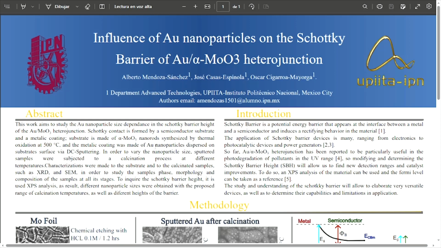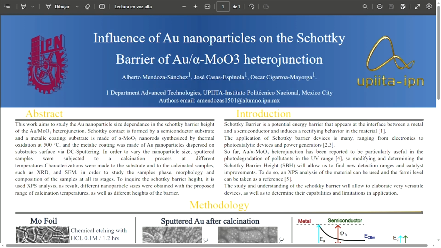So far, the gold and alpha-molybdenum-trioxide heterojunction has been reported to be particularly useful in the photodegradation of pollutants in the ultraviolet range. So, modifying and determining the Schottky barrier height will allow us to find new detection ranges and catalyst improvements.